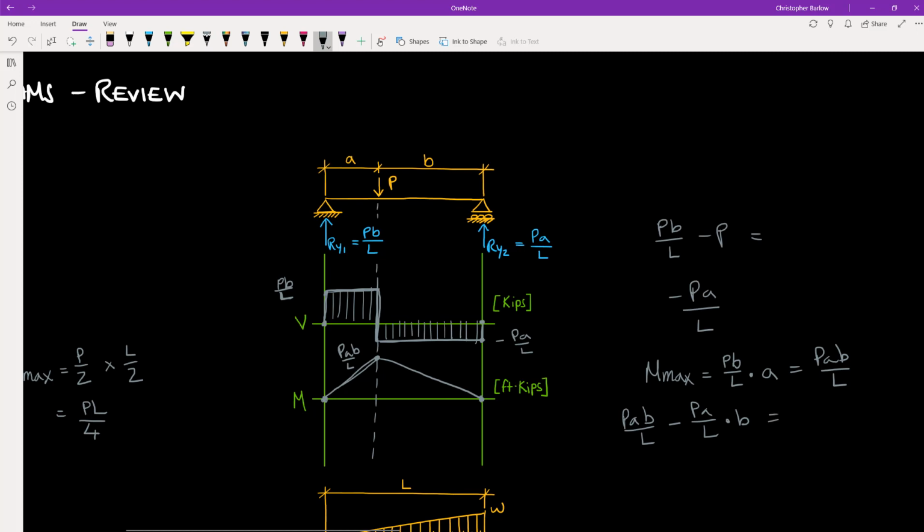And indeed, this brings us back to 0. And so that is our moment diagram for this simply supported beam with a concentrated load at any point.